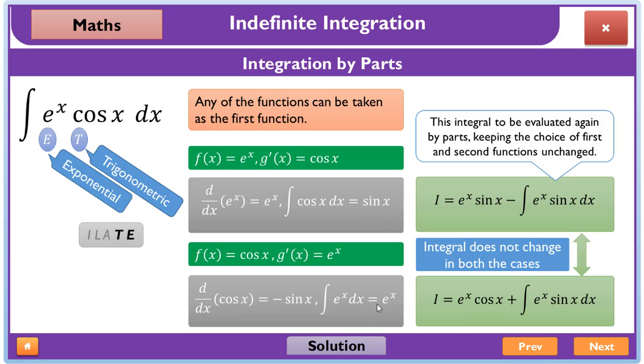When we put these values in the integration formula, it gives us e to the power x cos x plus the integral of e to the power x sin x dx. Now this also needs to be integrated once again using integration by parts. So integrals of this nature need to be evaluated twice or more to find the final integral. So let us find the solution of this.